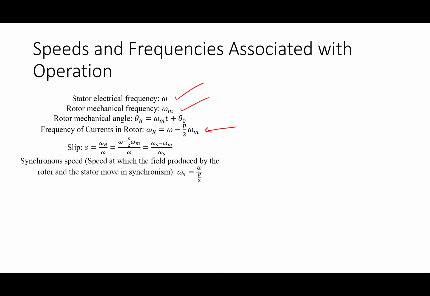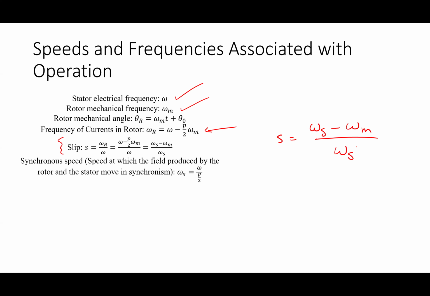And then I define the slip, which is a percent difference away from the maximum possible speeds. I wrote that two different ways, and I'll use it typically this way: slip is equal to omega s minus omega m divided by omega s.